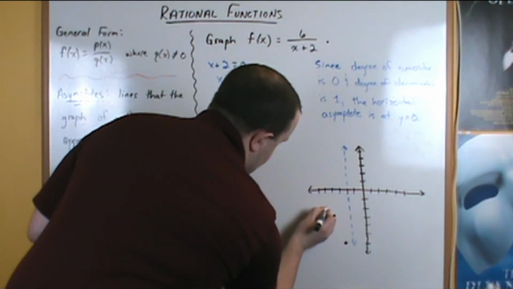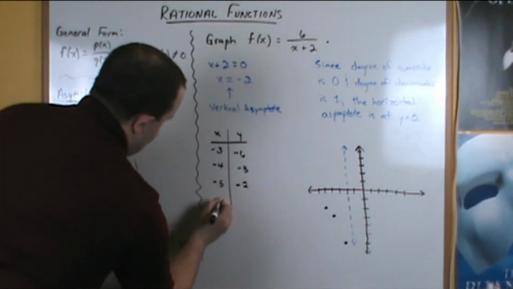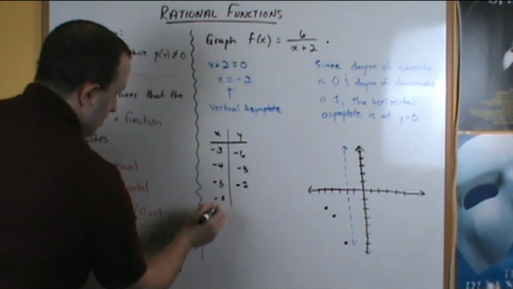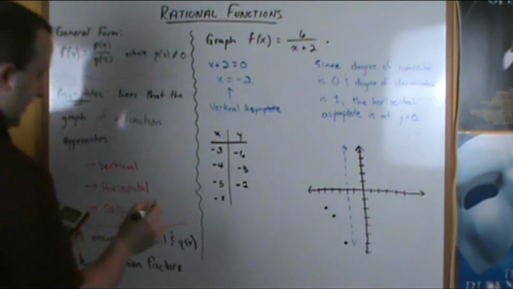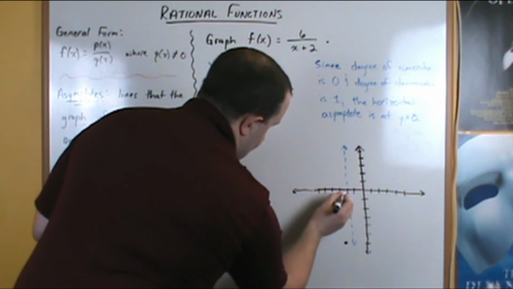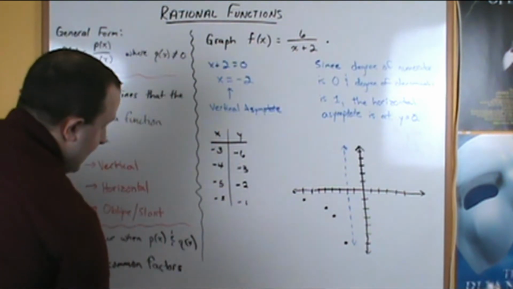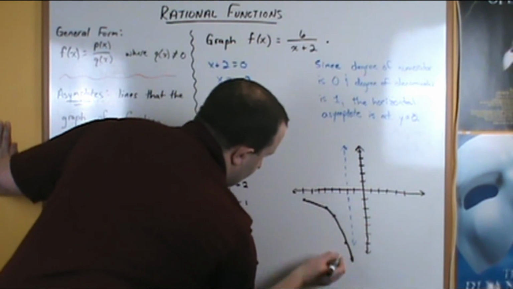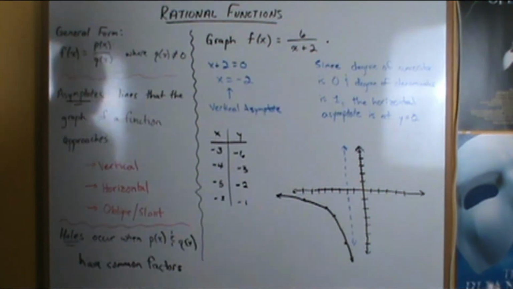If we pick, say, -8, we get 6 divided by -8 plus 2. That's going to be -1. That'll be right about there. And this graph is going to connect through these points and go just like that. That's what that part of the graph looks like.